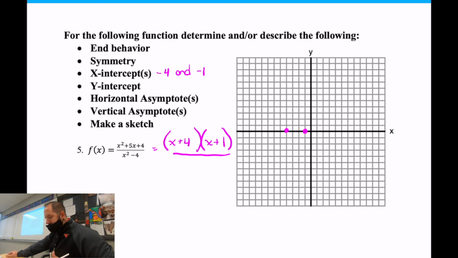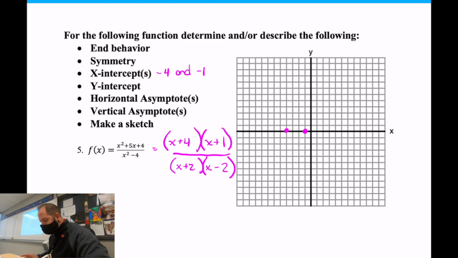Okay, y-intercept. This is where you have to plug 0 into everything. For the y-intercept, I know I'm going a little out of order, but I'm going to factor that bottom part. But what I'm going to do is plug in zeros into everything. 4 or -4, right? So -1. So it should be 0 plus 4 on the top, and 0 minus 4 on the bottom, and you're absolutely right.